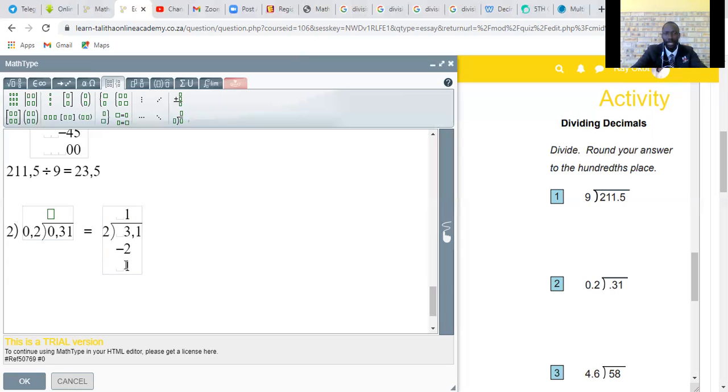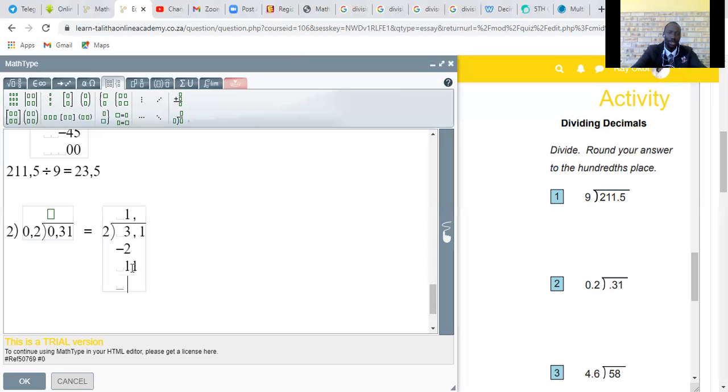In other words, 2 will go into 1 0 number of times. And that is now the step where we have to put a decimal point there. And when we put a decimal point, we will now move this 1 down here, like that. That means we now have 11.